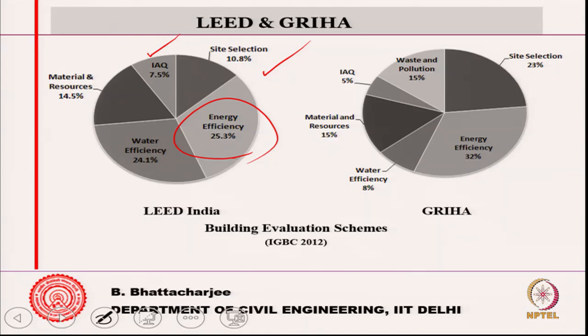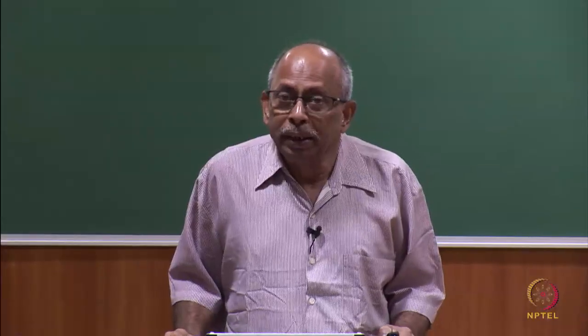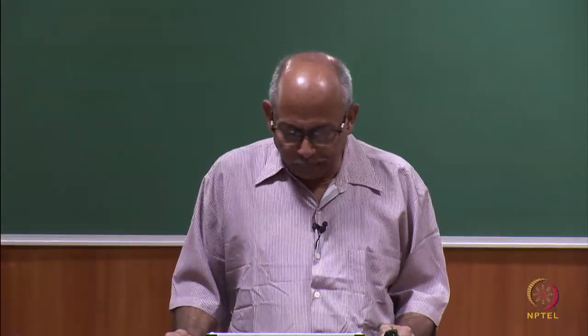Whereas if you go to GRIHA, site selection is pretty high, and energy efficiency is 32%, so it is different. The point I am trying to make is that the importance given to the criteria varies from tool to tool, and the criteria themselves also vary.